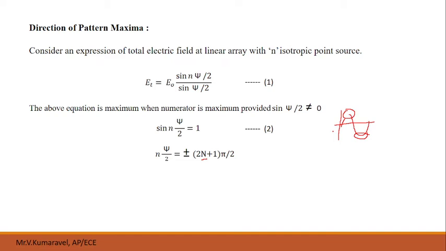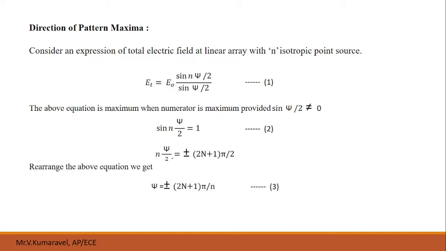Now let us rearrange this expression to find xi. The 2 will go to the other side, and then the 2s get cancelled. So we will have xi equal to plus or minus (2N plus 1) pi divided by small n. We know already that xi equal to beta d cos theta plus alpha, where alpha is the phase difference between two adjacent sources.